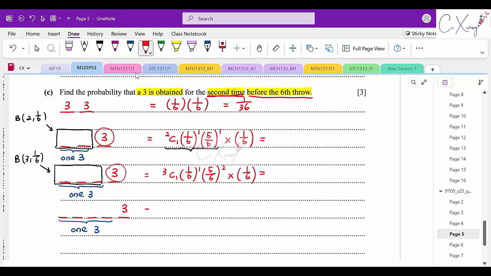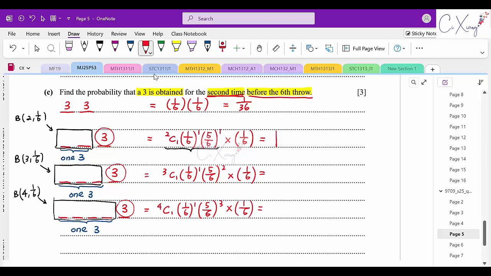And we do the same thing for the last case as well. We are having the first 4 throws with only 1 3, so the success trial is a 3. Then you're having 4 and also 1 over 6 for the first 4 throws here. You can treat this as a binomial distribution. So I'm having 4C1, 1 over 6 power 1, and 5 over 6 power 3. Then the last row here must be a 3. Therefore, I have to multiply it with 1 over 6.